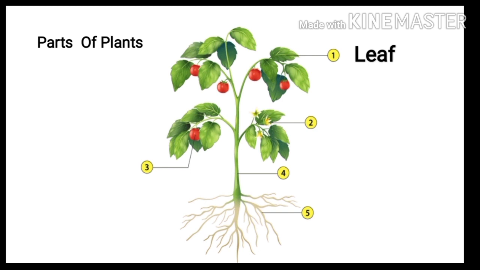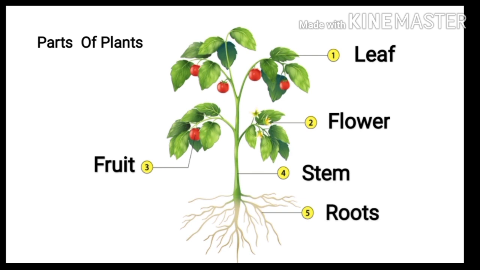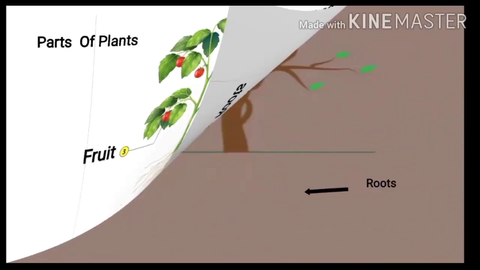Here, this is the leaves, flower, fruit, stem and roots. Leaf, flower, fruit, stem, roots. These all are important parts of plant.